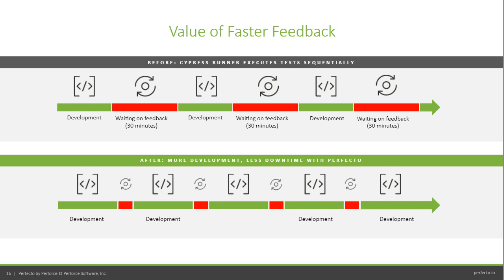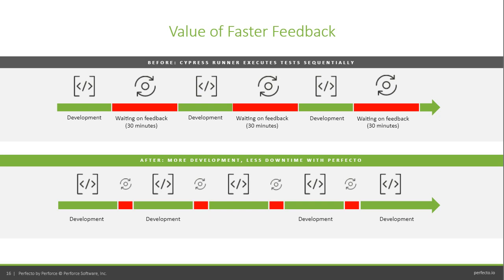And we all know that once developers are doing context switches, it takes them a little bit more time to refresh their memory and get back to what they were working on before. If you add up all of this downtime within a day, this could really slow down your development, both because your developers are doing a lot of context switching, but also because they're waiting around for a report and waiting for feedback before they can proceed to the next task.